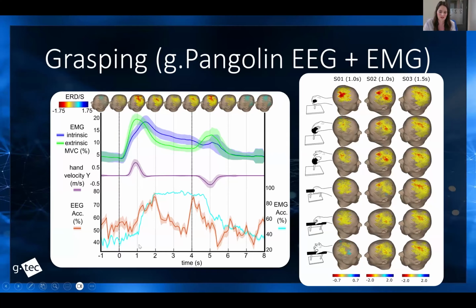So we classified EEG and EMG, and here at the bottom we can see both EEG and EMG classification accuracies over time.